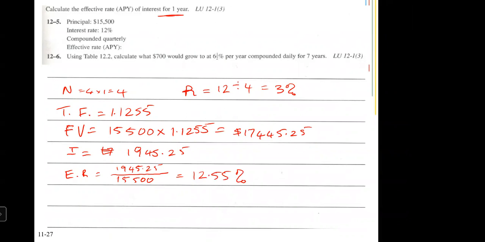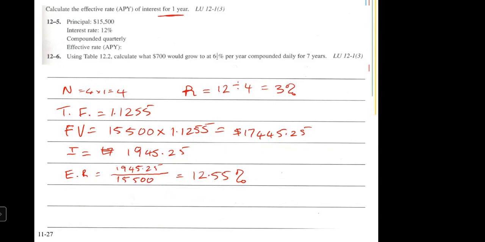Okay, and the stated rate was how much? How much was the stated rate for this question? It's the 12%. So you see the effective rate ends up being slightly higher than the stated rate, just a little over 0.5% higher, because you're compounding 4 times a year instead of just a single time for the year.